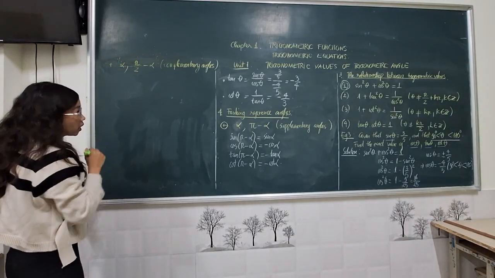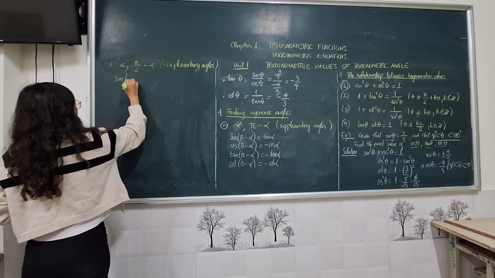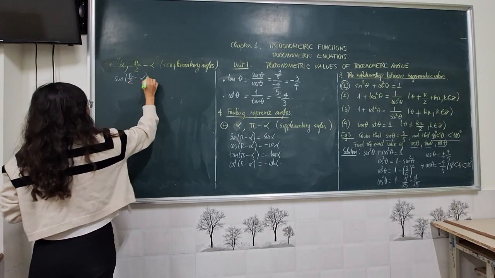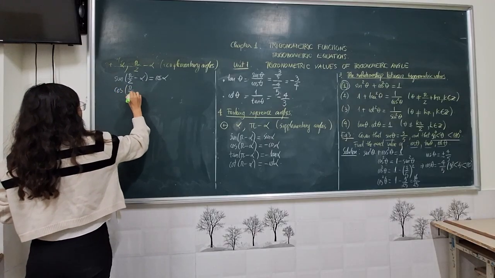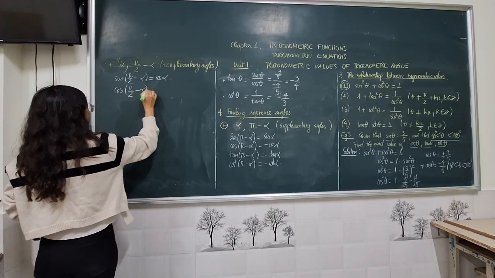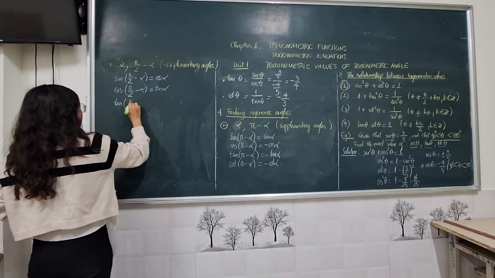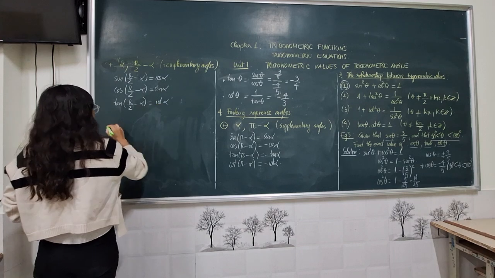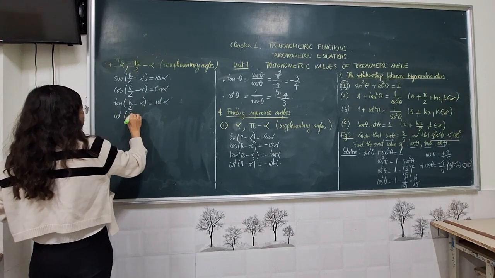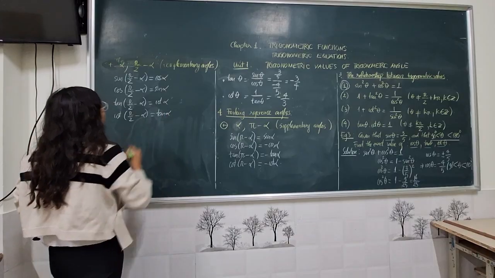And the relationship between the reference angles is: sine of pi over 2 minus alpha equals cosine alpha. Cosine of pi over 2 minus alpha equals sine alpha. Tangent of pi over 2 minus alpha equals cotangent alpha. And cotangent of pi over 2 minus alpha equals tangent alpha.